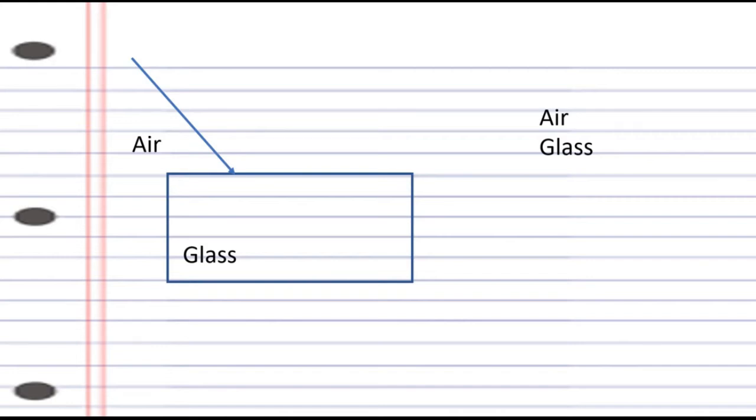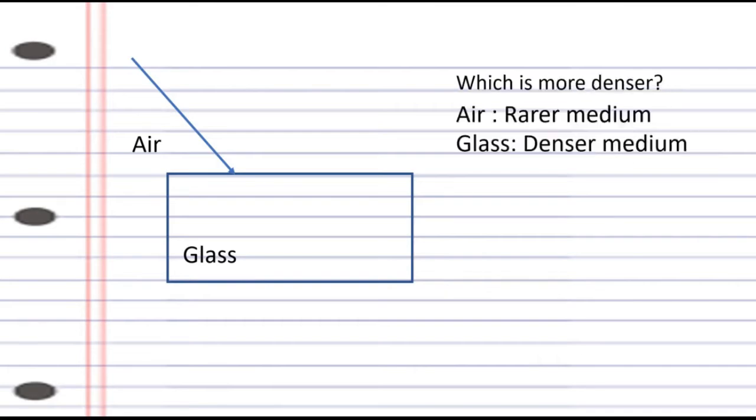Out of air and glass, which is denser? And what do we mean by a medium being denser? The one which flows easily is less dense. The one which is hard and doesn't flow is comparatively more dense. So you can tell that the glass medium is comparatively denser than air.